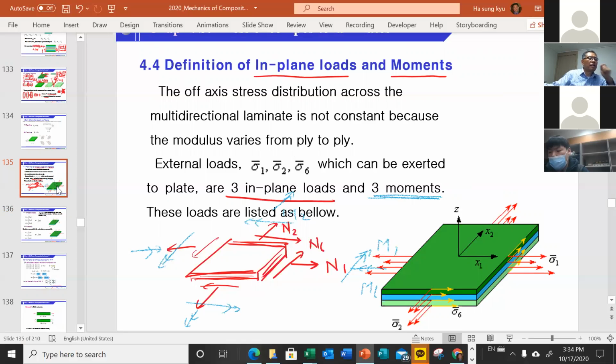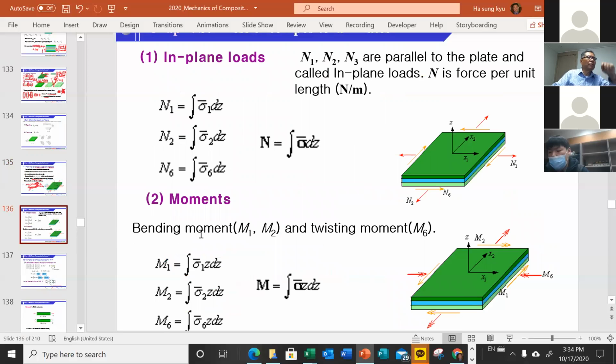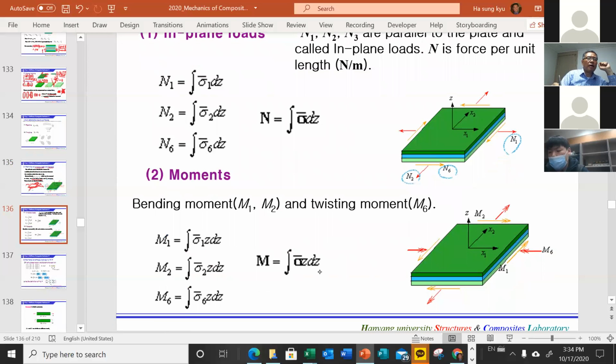Well, it looks a little bit complicated, but this is nothing but the combination of in-plane load and bending moment. Again, the N1 and N2 and N6 we are applying, and this is the bending moment, M1 and M2 and M6. So 3 in-plane loads and 3 bending moments.